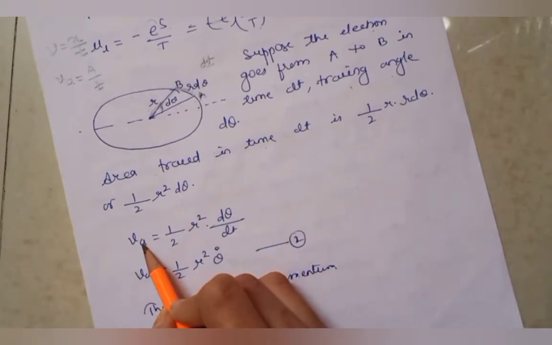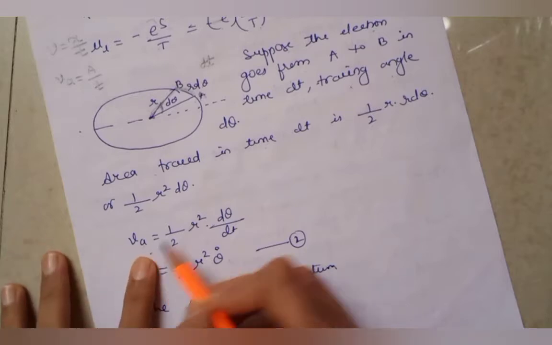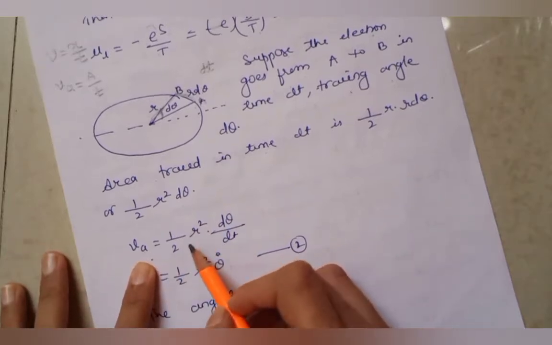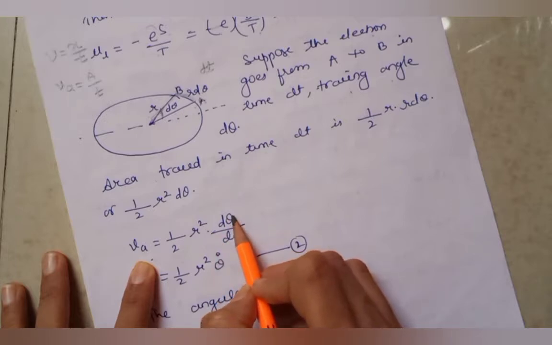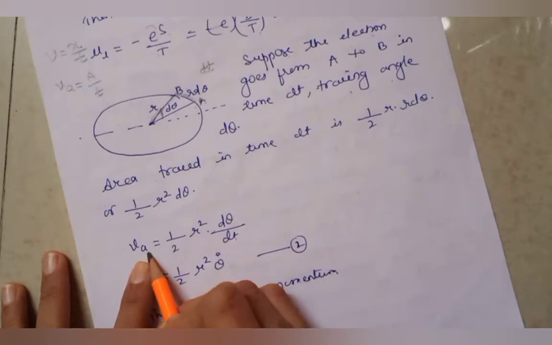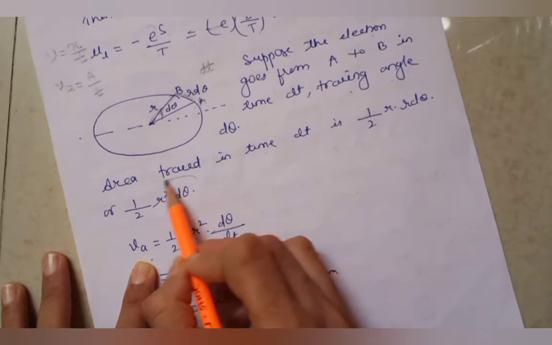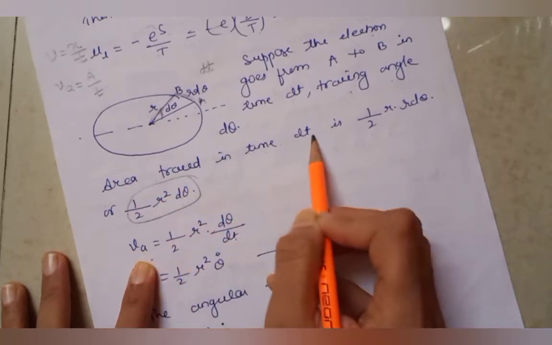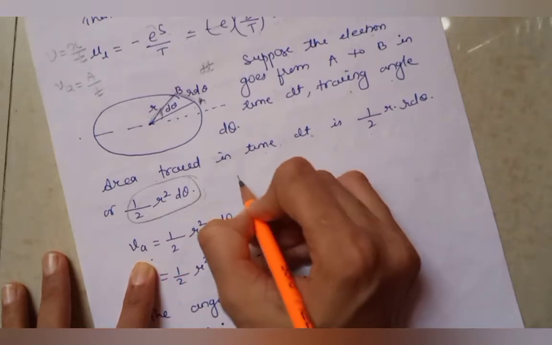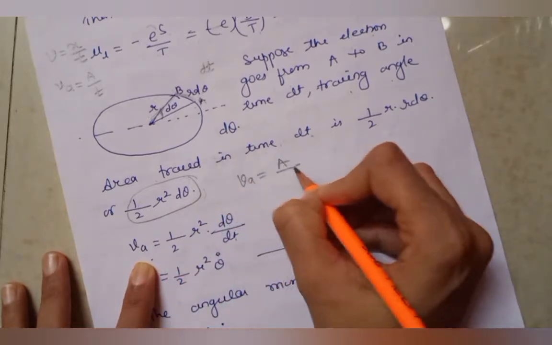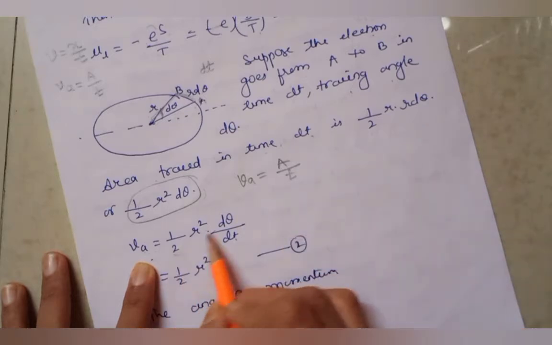So the areal velocity VA is half r square d theta upon dt, because areal velocity is area upon time.